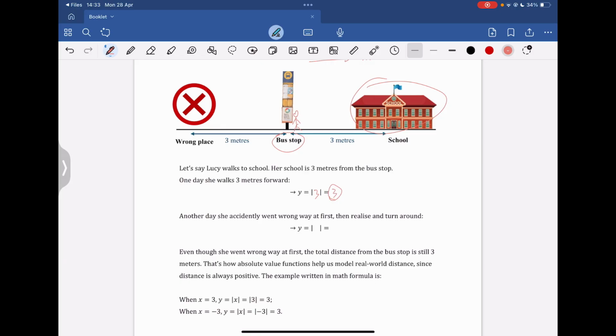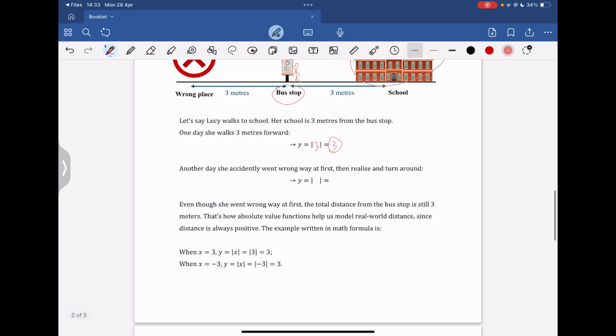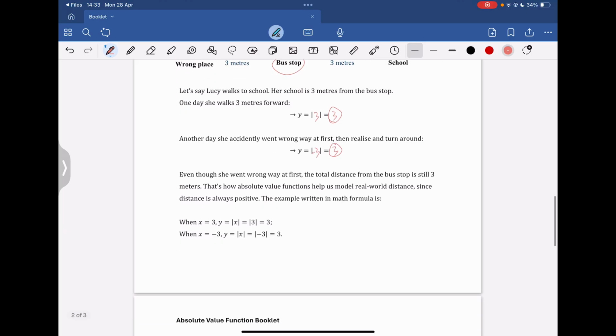Another day, she accidentally went the wrong way at first, then realized and turned around. So this means she walked a negative number, right? So now x equals negative 3. This gives us 3. Very good, because we only get positive numbers from the absolute value. Even though she went the wrong way at first, the total distance from the bus stop is still 3 meters.